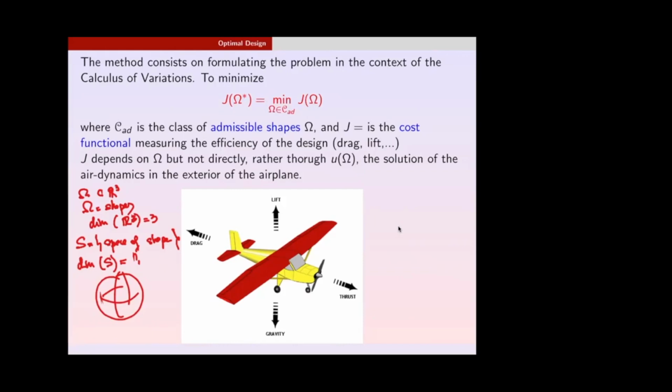If we just consider spheres, the dimension will be rather limited, right? Because basically it will be 3 dimensions for the center of gravity of the sphere, and 1 more dimension for the radius of the sphere. So it will be dimension 4, right?